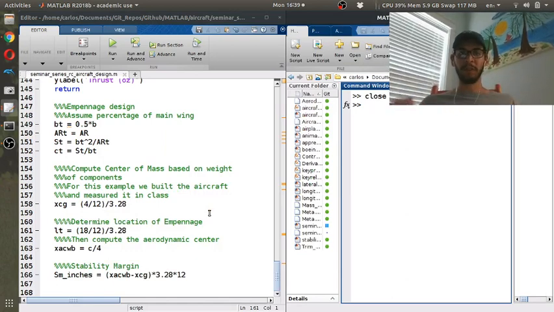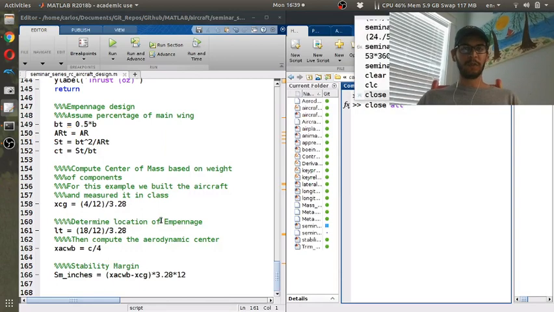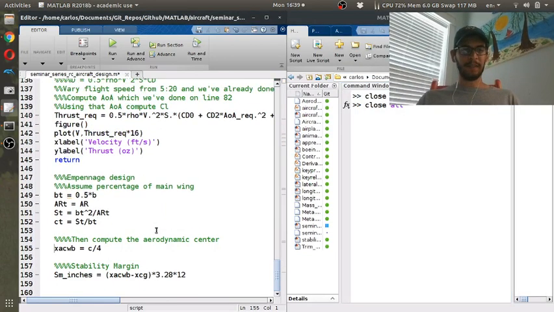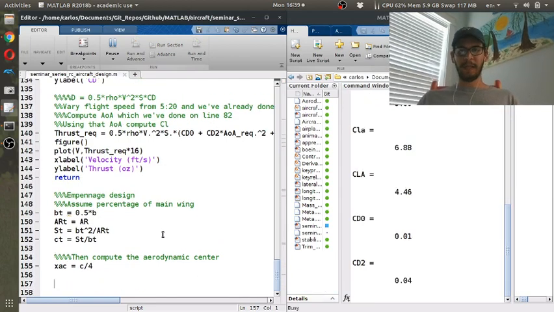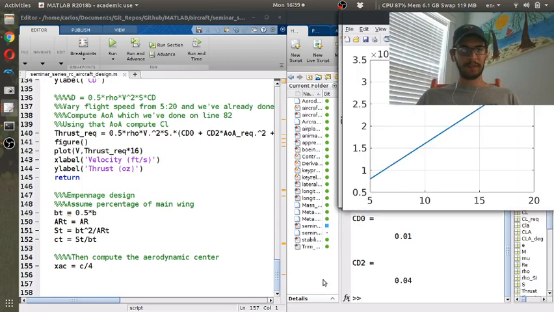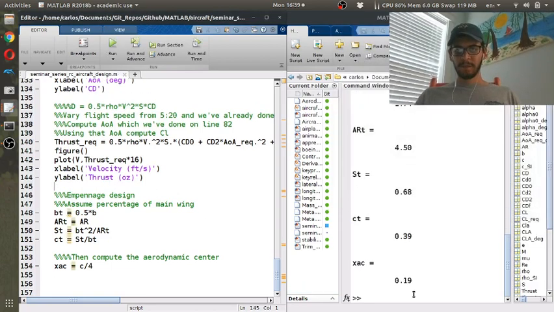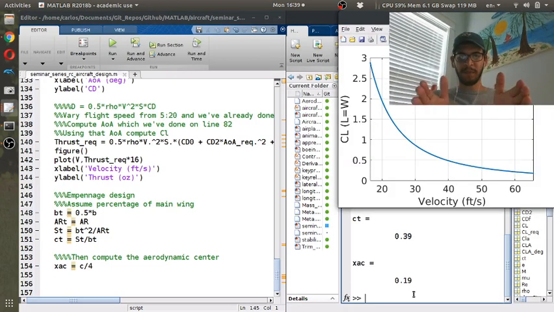Or if you just build it, you can ensure that the center of mass is not behind this. According to this, oh, I put a return again. If my wing chord is 0.78 feet, my quarter chord is 0.19, so I need to make sure that my center of mass is in front of there.